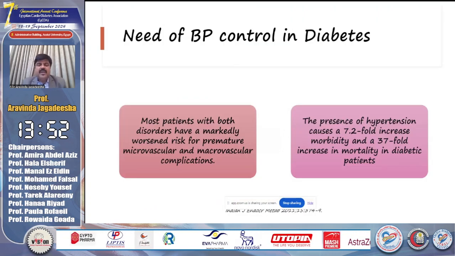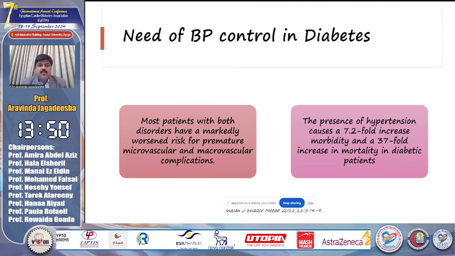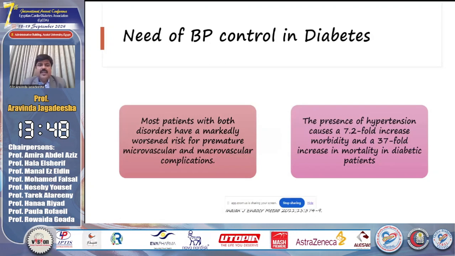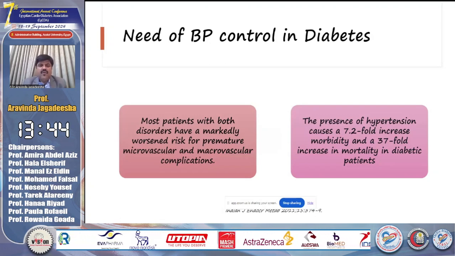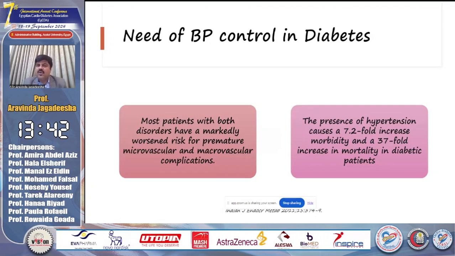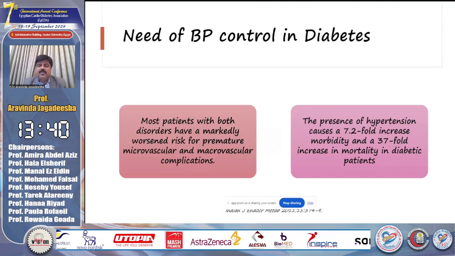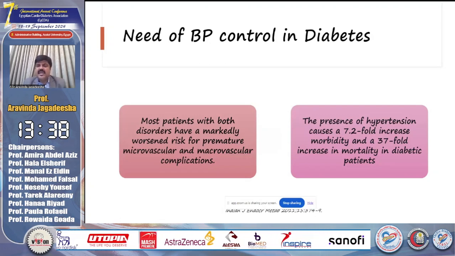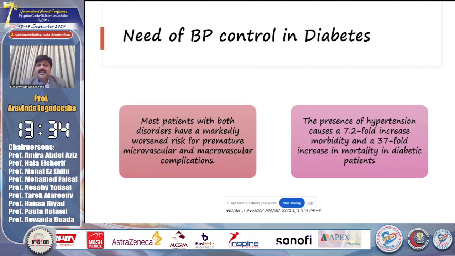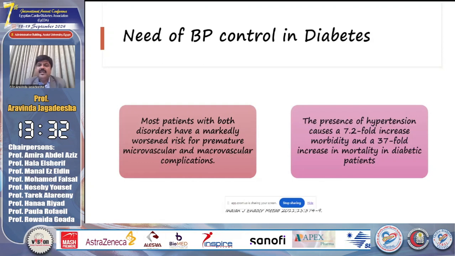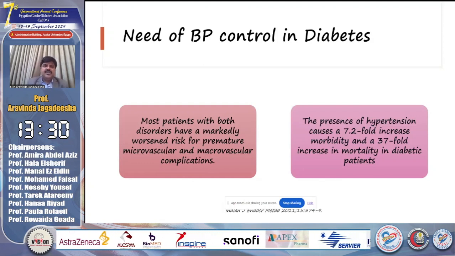So, the need for BP control in diabetes: most patients with both disorders have a markedly worsened risk for premature microvascular and macrovascular complications. The presence of hypertension causes a 7.2-fold increase in morbidity and a 37-fold increase in mortality in diabetic patients.